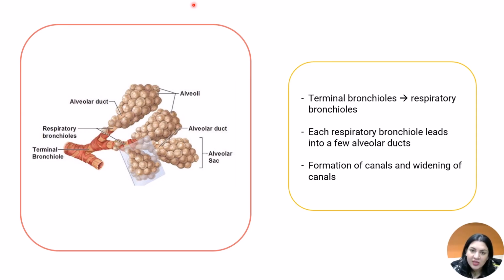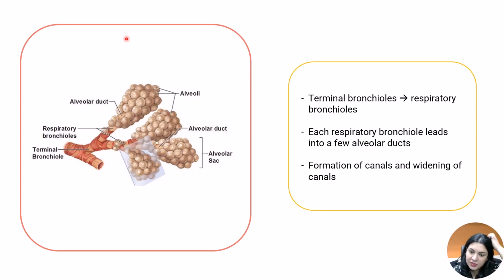And so with the development of the respiratory bronchioles at this stage, you also slowly start to see an increase in vascularization around the region of these respiratory bronchioles, so you have an influx of pulmonary capillaries that come in to allow for that super efficient gaseous exchange that's going to happen.